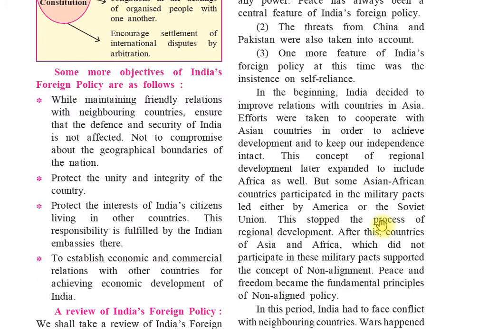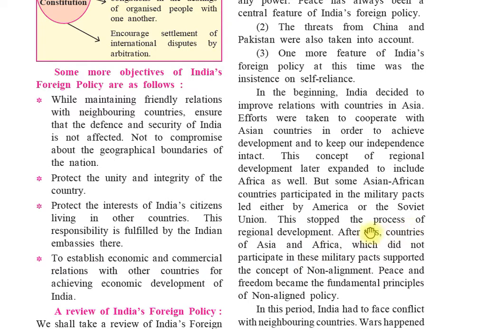This concept of regional development later expanded to include Africa as well, but some Asian and African countries participated in the military pacts led either by America or the Soviet Union. Soviet Union means Russia here.